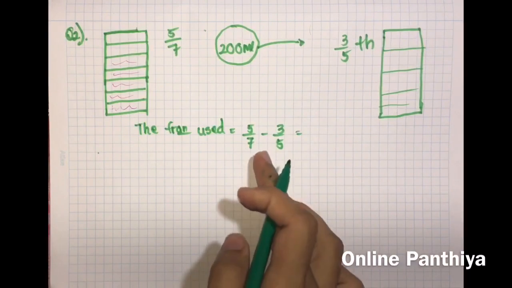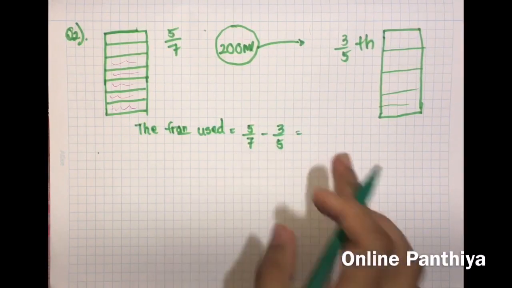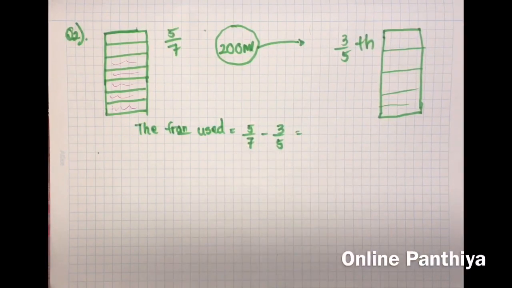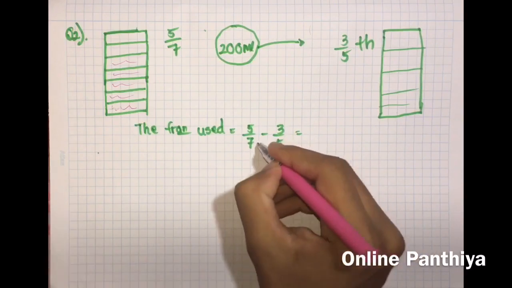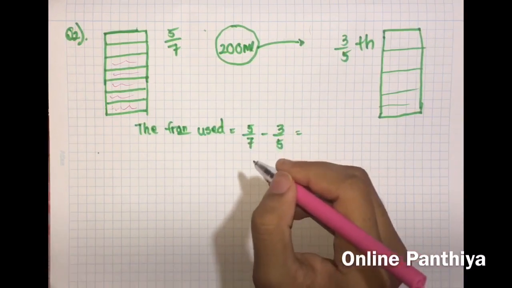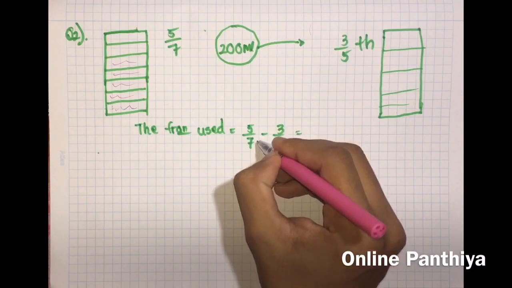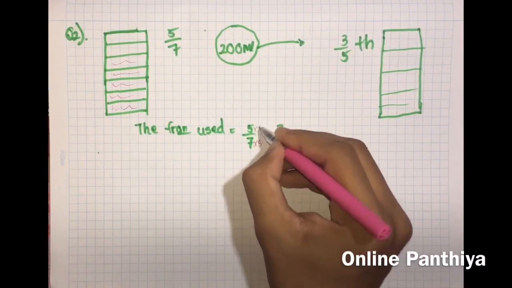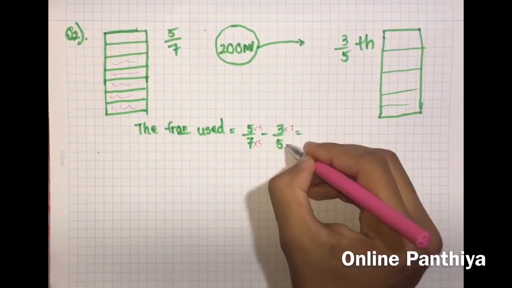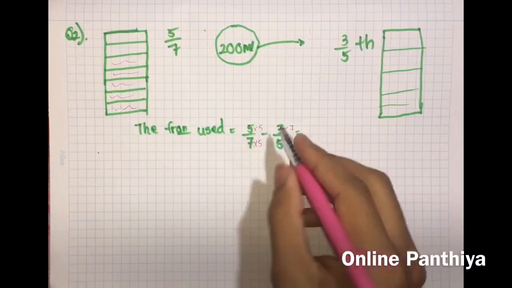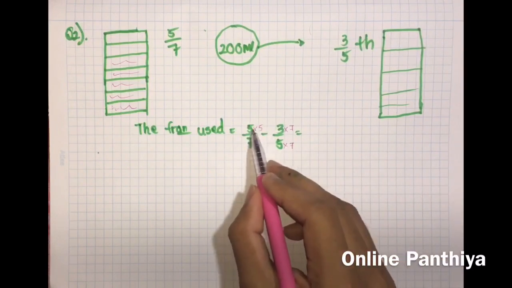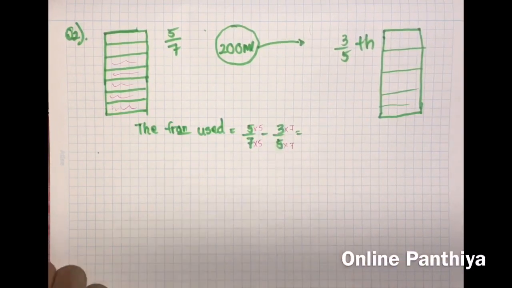Now observe here, you have subtraction. The denominators are not the same. This is where you have to make the denominator the same. So the LCM of 7 and 5 will give you 35. So you have to multiply this by 5, this by 7, this by 7. So here you have 5 times 5 is 25. 25 minus 21.